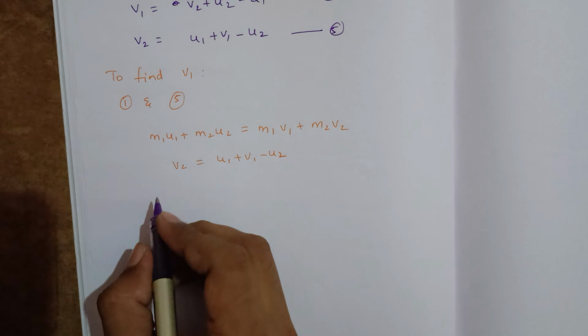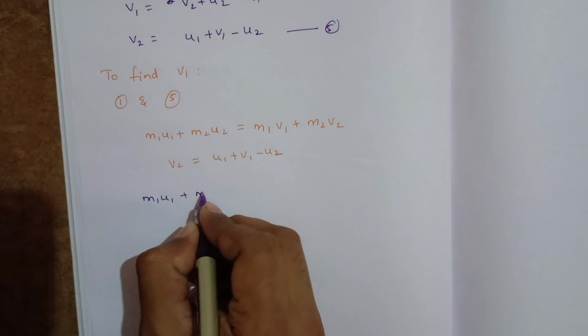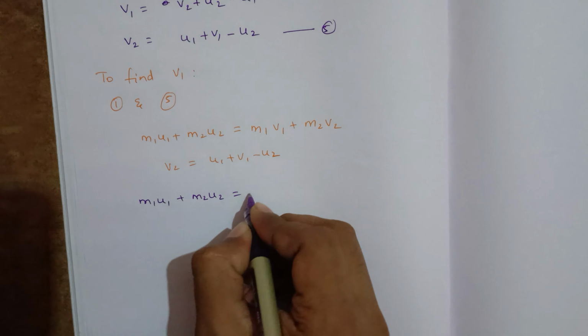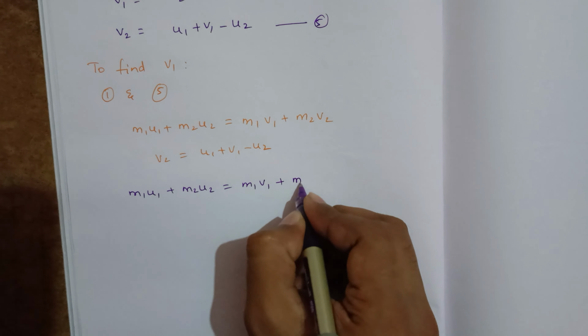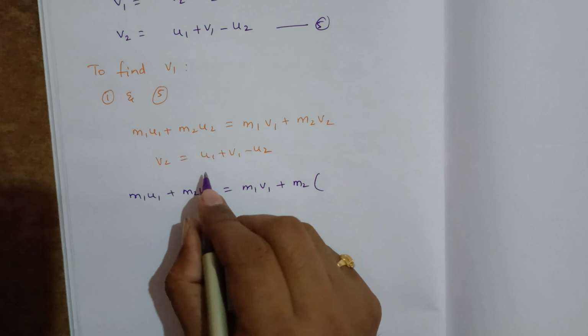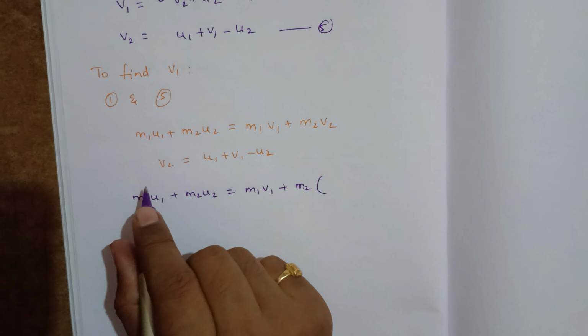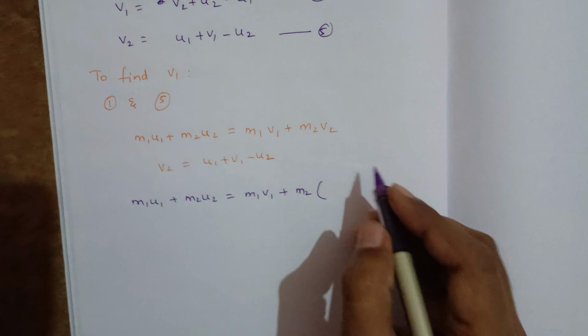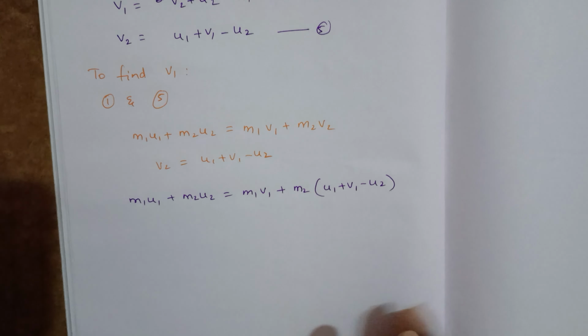Now what will we get? m1 u1 plus m2 u2 equals m1 v1 plus m2 into, instead of v2, I am substituting this entire expression, u1 plus v1 minus u2.